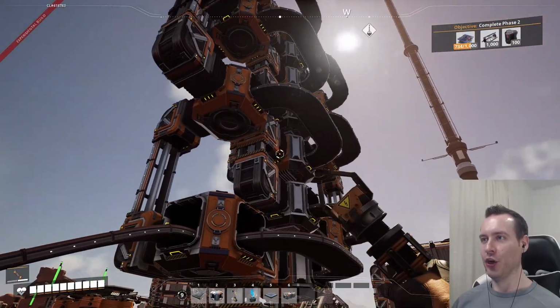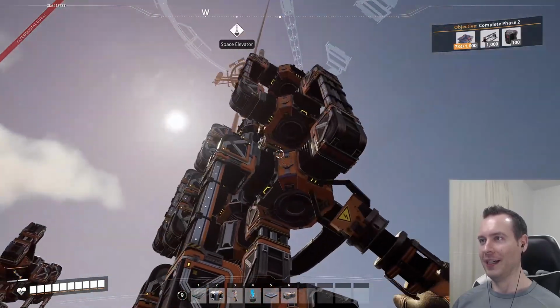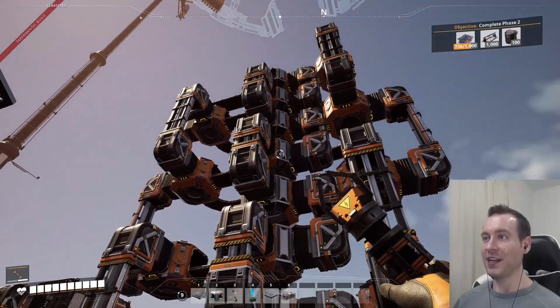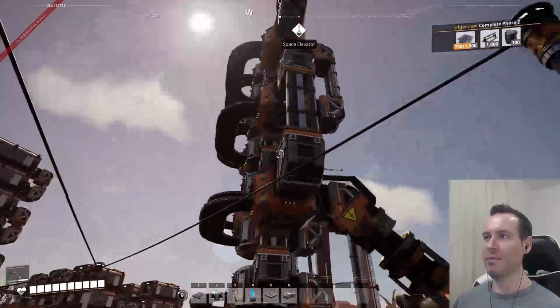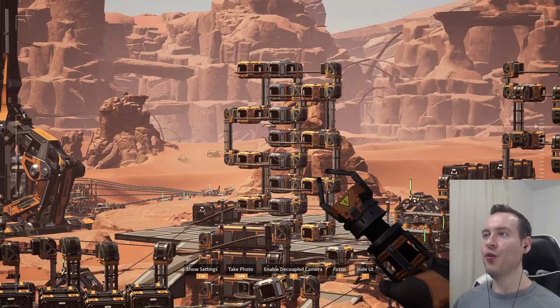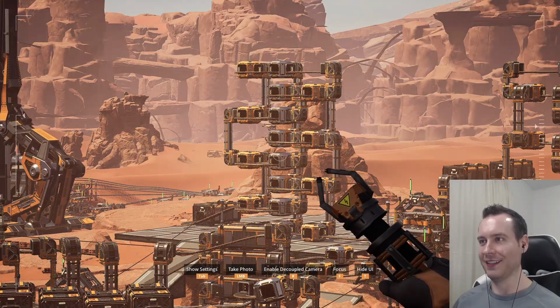Satisfactory said no ratio splitters, and I said hold my belts. Sure, it's overkill, but it's accurate overkill, which is the best kind. This is what happens when belt logic meets art school. You know it's serious when even the hogs are watching silently.